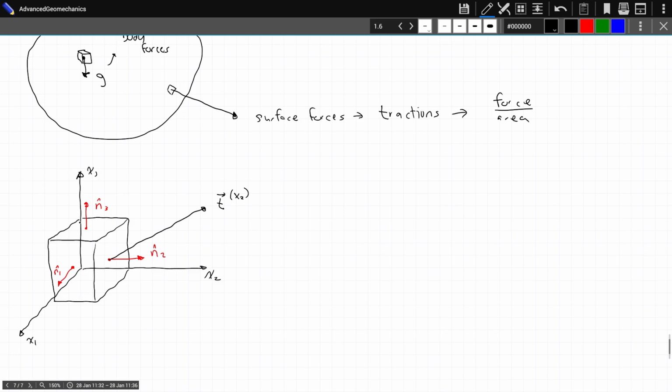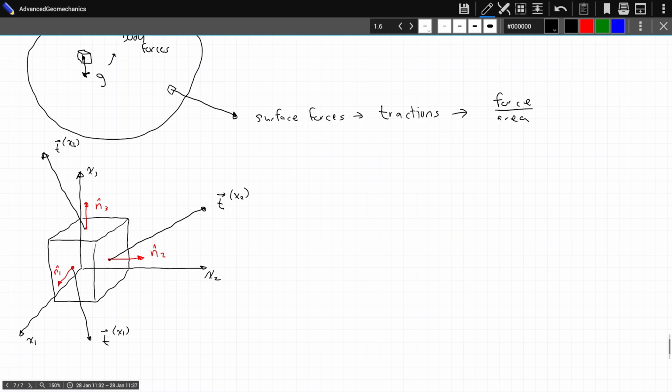And likewise, there'll be one T_x3 and T_x1.